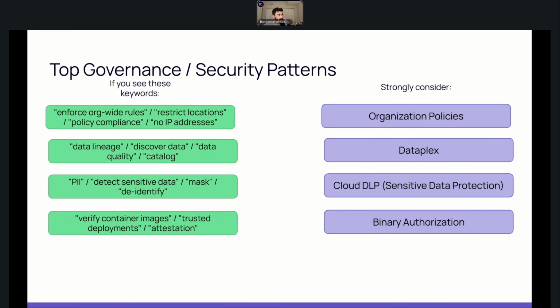And then we've got DLP, Cloud DLP, which is now part of sensitive data protection. As you know, Google loves to rename their services. I'm not sure exactly what the difference is between them right now, but it could show up under either term, data loss protection or sensitive data protection. I think DLP is basically the API underneath the broader service of sensitive data protection. So if you see PII, detecting sensitive data, masking data, or de-identifying data, that often points toward Cloud DLP.